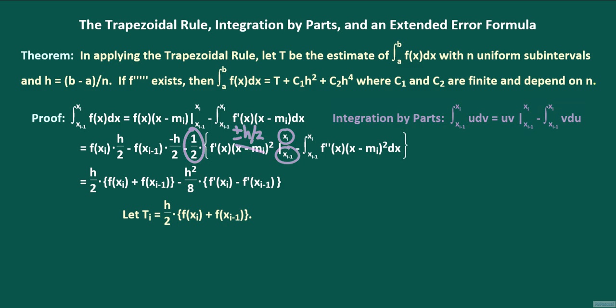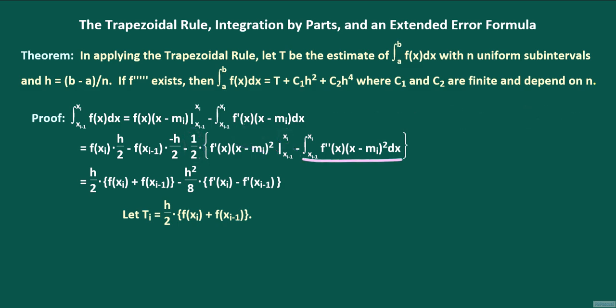We apply integration by parts to this integral with u equal to f double prime, so that du is f triple prime dx. dv is (x minus m sub i) squared dx, so that v is 1/3 times the cube of (x minus m sub i).